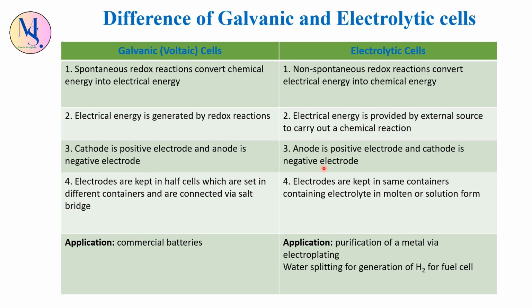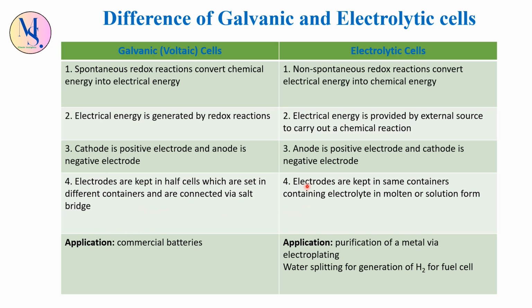In the electrolytic cell, anode is connected to the positive terminal of the battery, while cathode is connected to the negative terminal of the battery. In a galvanic cell, electrodes are kept in half cells which are set in different containers and are connected with the help of a salt bridge.